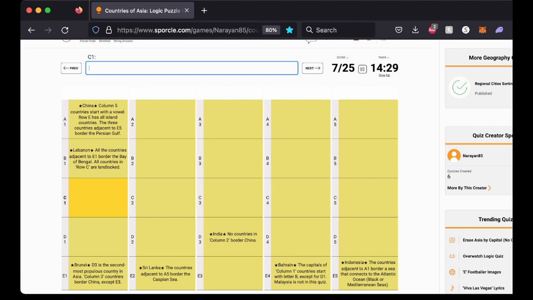A landlocked country that begins with a B. I'm trying to think. Landlocked country. Nepal's no. I'm trying to remember what other landlocked countries there are. Now, Kyrgyzstan's capital is Bishkek. So I think C1's Kyrgyzstan.